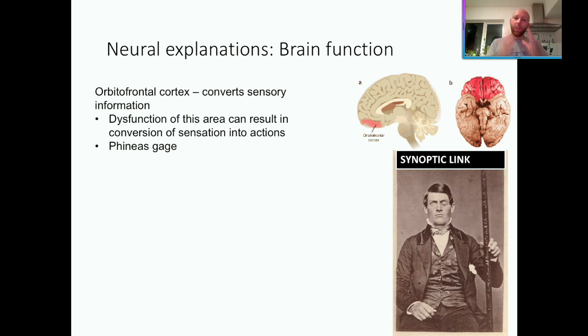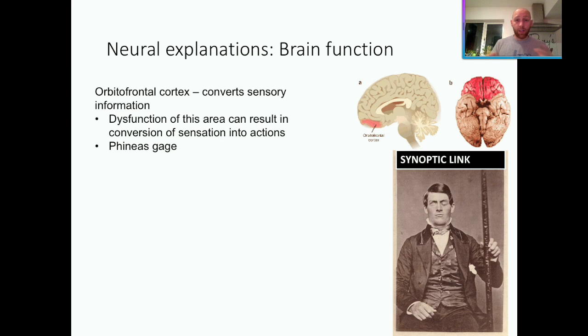Now, one of the issues with Phineas Gage, we can argue, was his ability to regulate and control his own impulses. So he became impulsive. And we see this in a lot of criminals, actually. Adrian Raine talks about this in The Anatomy of Violence, that this area of the prefrontal cortex is actually responsible for inhibiting us.